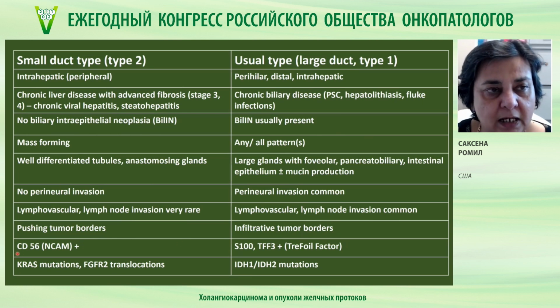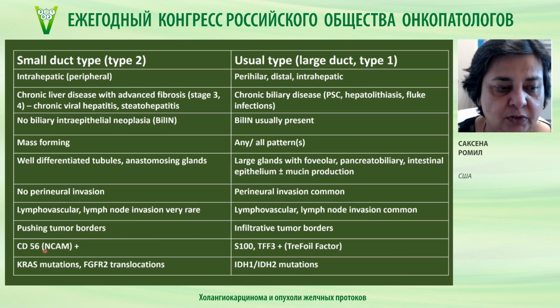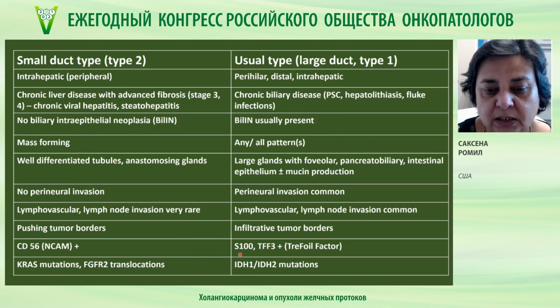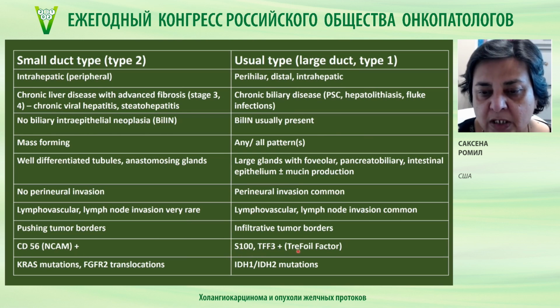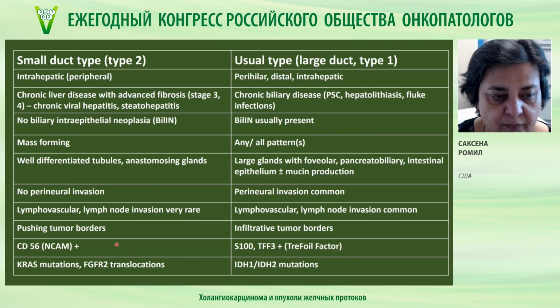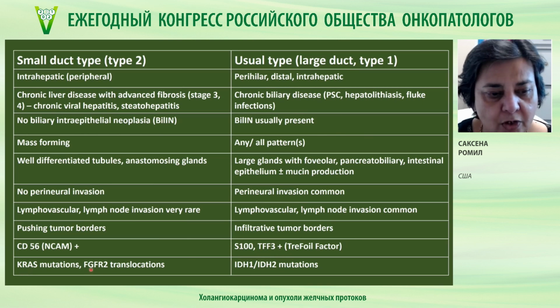The small duct type is typically positive for CD56 or NCAM, whereas the large duct type is not positive for CD56, but it is positive for S100 and TFF3, which is trefoil factor 3. The small duct type, this is a mistake.